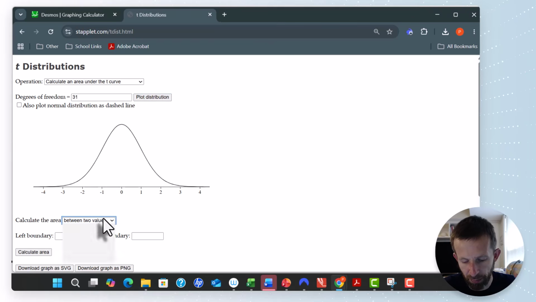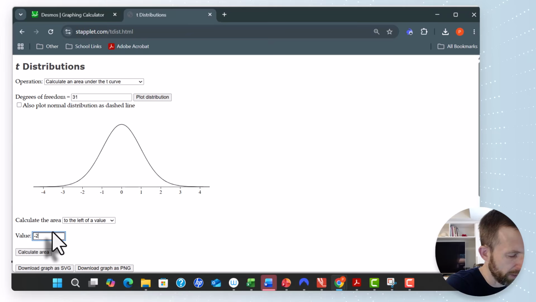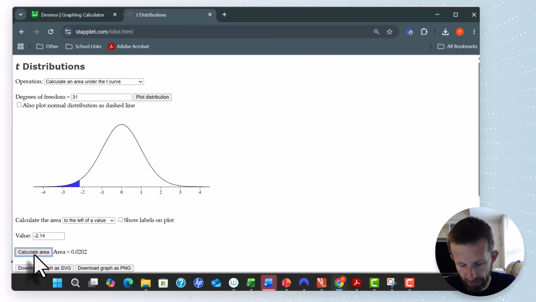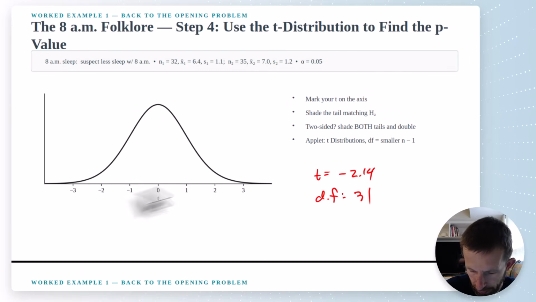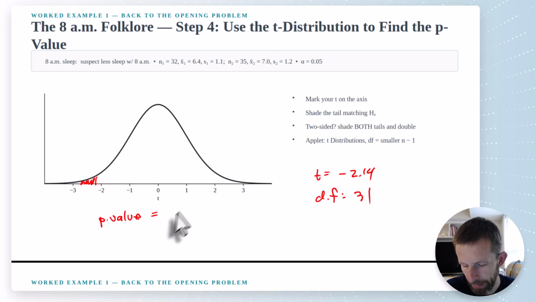And my alternate hypothesis goes to the left, so to the left of negative 2.14. So that area is 0.0202. So the p-value is 0.0202.